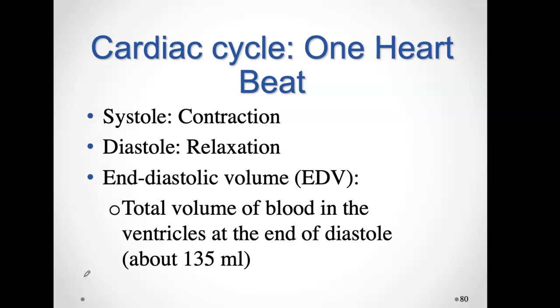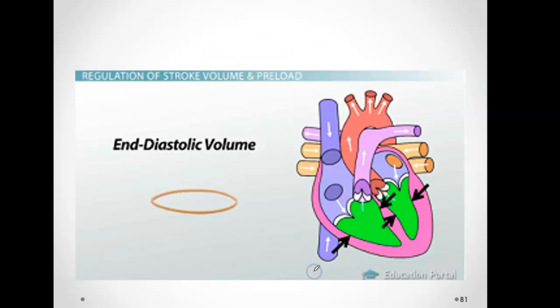So it's the volume at the end of diastole, at the end of the relaxation, or at the end of filling. Defined here, total blood volume in the ventricles at the end of diastole, and it's around 135 milliliters, more or less. Okay.